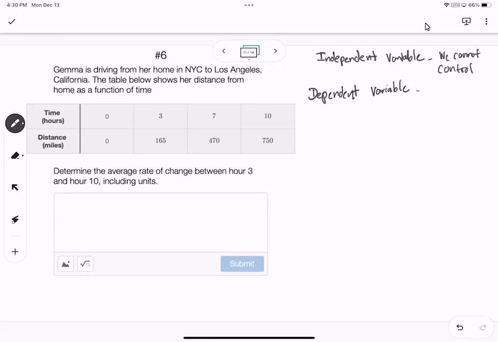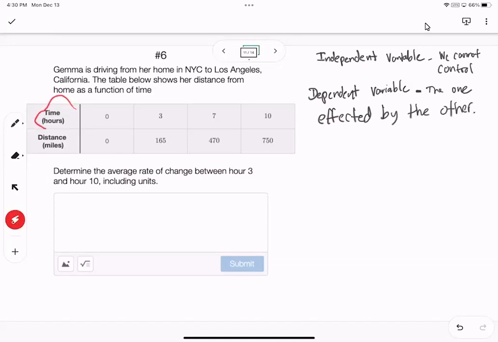And the dependent variable is the one that's affected by the other. For example, we do not have control of time. Time moves on whether or not we try to stop it. But distance, we can control how fast we go sometimes. So time here is our independent variable, and the distance you travel depends on your time.